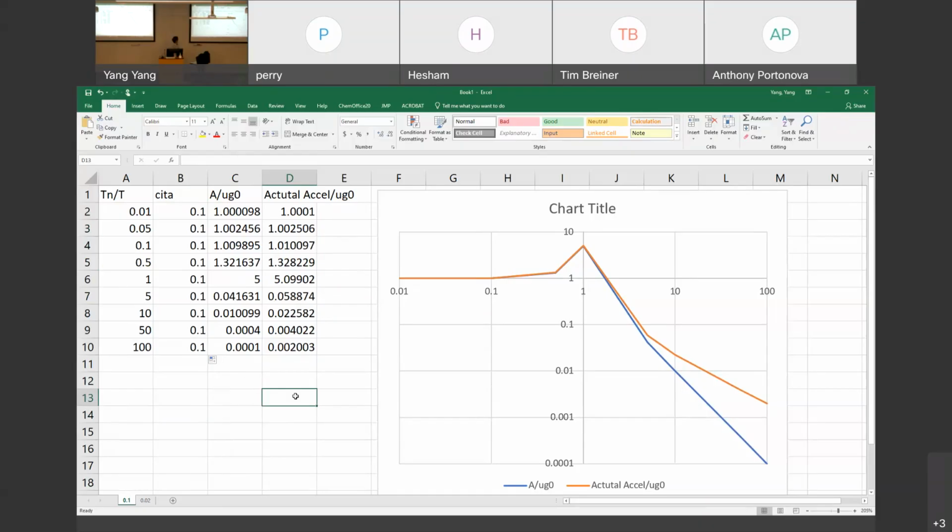But for the Tn, you will also have to have multiple values. For example, if we change this to 0.2, that means the difference between these two will be more. With an increase of the damping ratio, the difference between these two terms will be more significant.